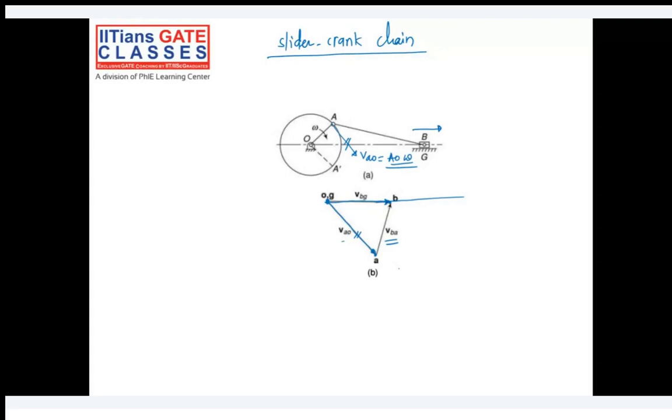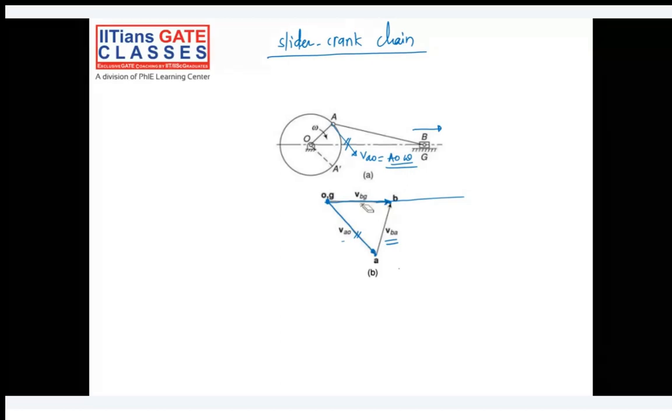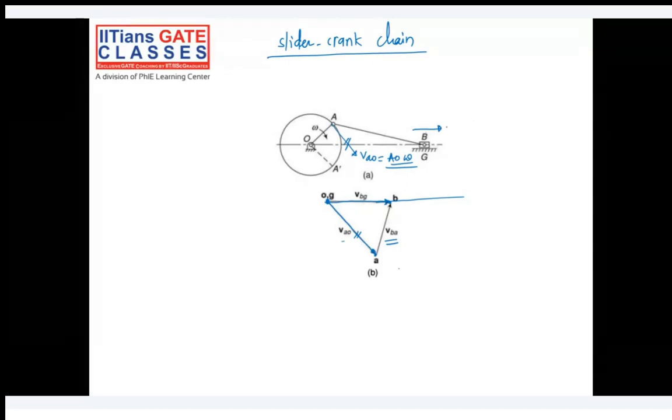This is a difference you should know, because we are calculating the velocity of that particular point on the link. In this case, all the points on the slider will have the same velocity. Is it clear till this?